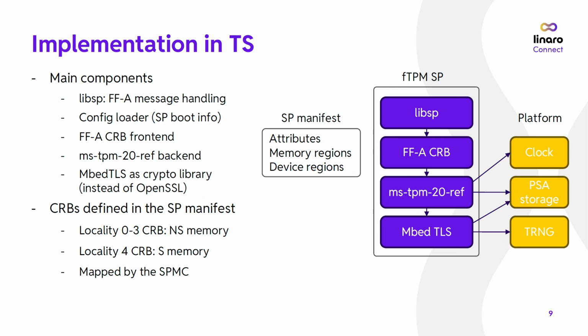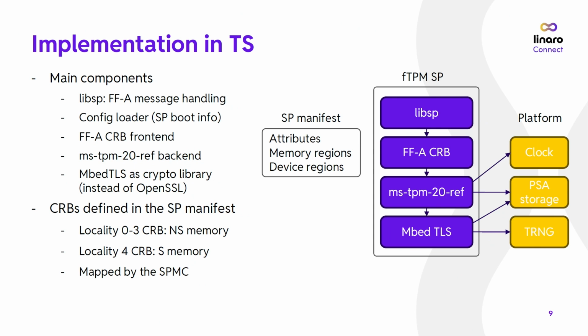This is necessary because the SP is running in S-EL0, so it cannot manage its own translation regime. But by defining it in this manifest file, the SPMC will take care of mapping these regions for the SP at boot time. Locality 0 to 3 are located in non-secure memory, and locality 4, as I've mentioned, needs to be protected, so it's in secure memory.